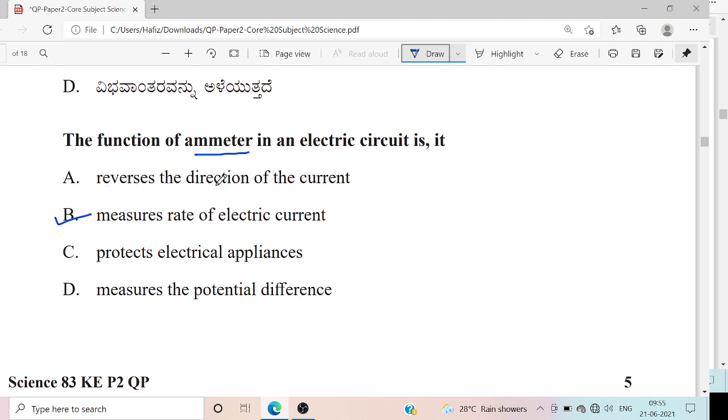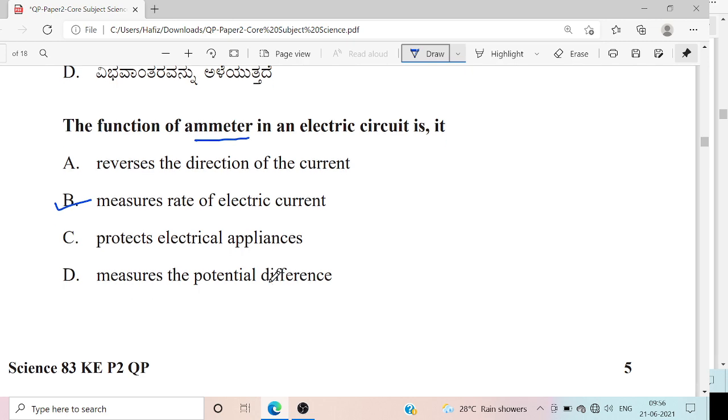Reverse the direction of the current: I told you the commutator reverses the direction of current in motors. Protects electrical appliances: the fuse is the device that protects the electrical appliances. And the device used to measure the potential difference is a voltmeter. So you must know the other options also.